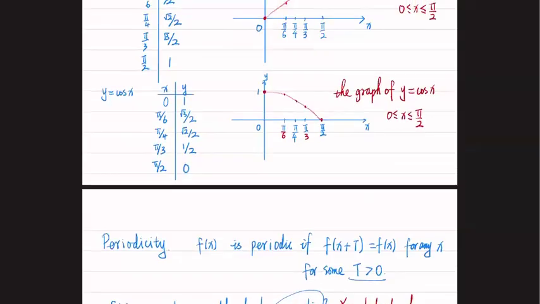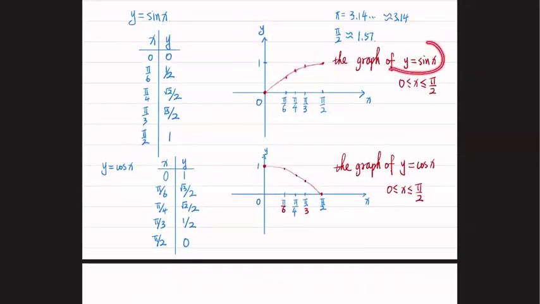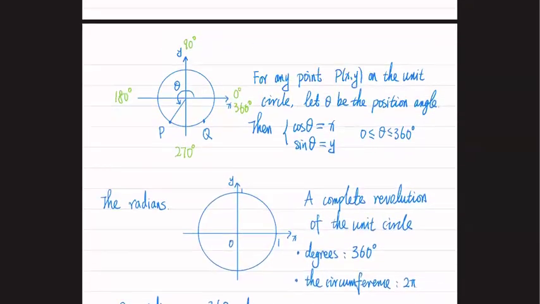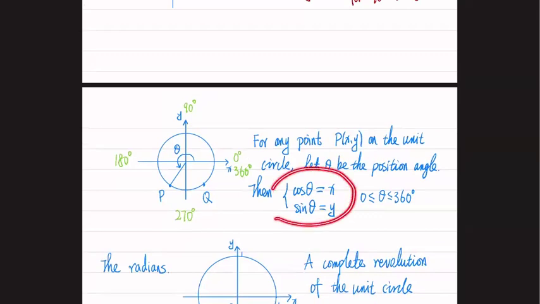But our functions, sine and cosine, turn out to be periodic. The reason is that when we define the functions, we use the position angles. If a point moves around the circle one loop, starting at 0 and getting back to 360, sine and cosine at 360 should be the same.